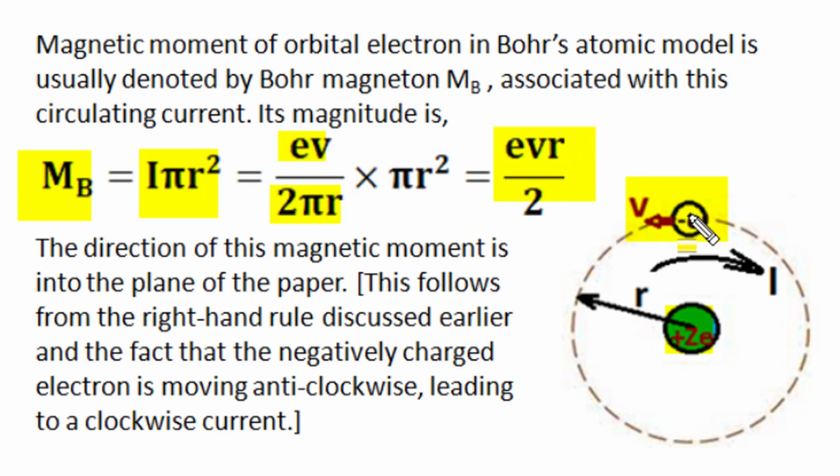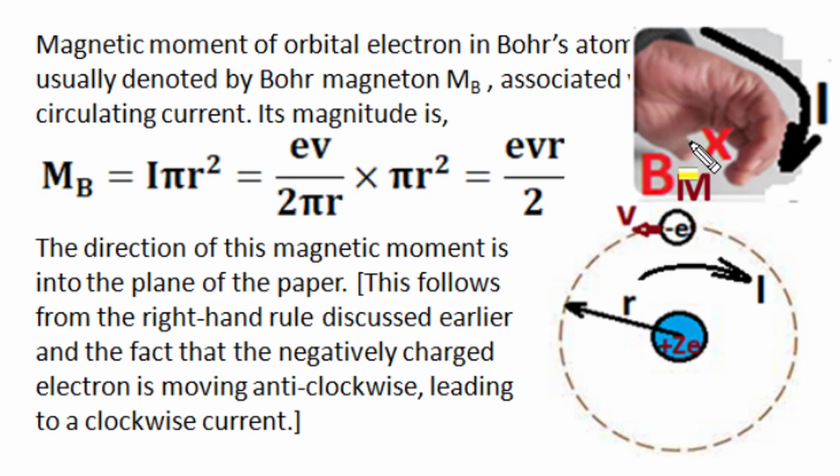Now, electron being a negative charge, the current direction is just reverse of the negative charge movement direction, and as per Maxwell's right-hand thumb rule, the direction of the axial magnetic field or magnetic dipole moment for this current loop is given by the thumb of the right hand perpendicular to this plane if the curl of the fingers matches the direction of current in the loop.